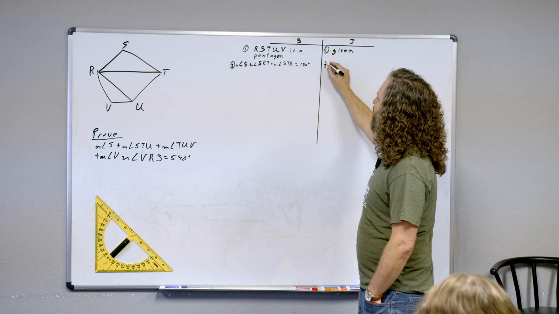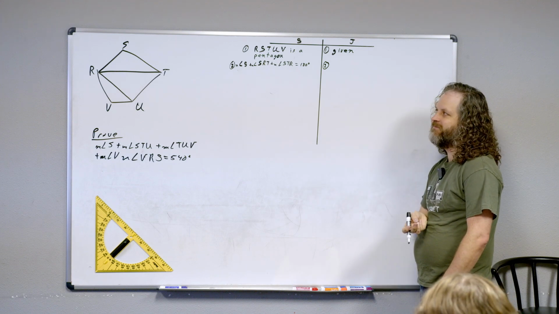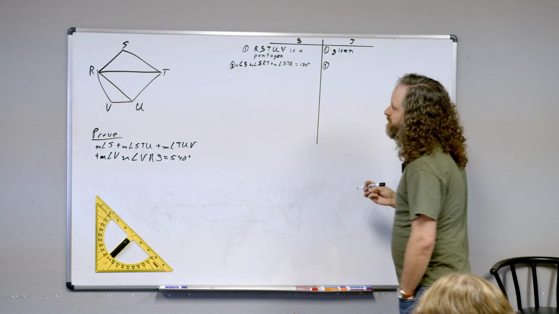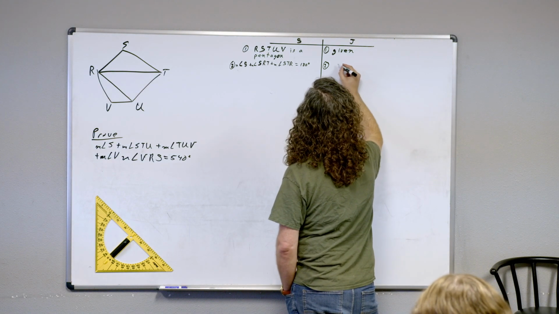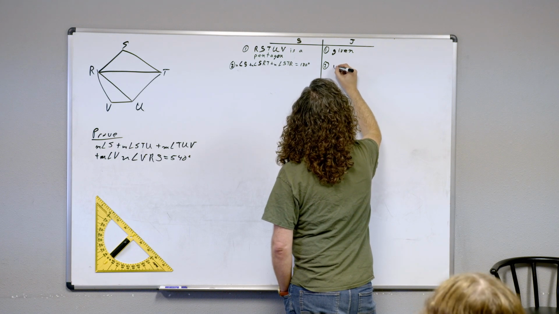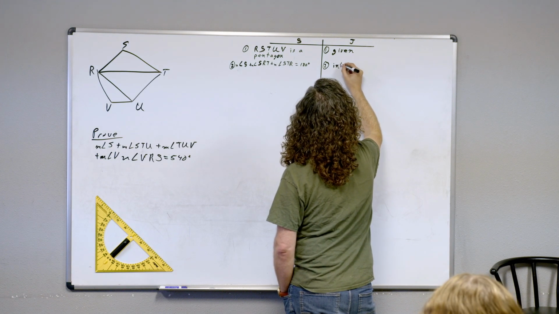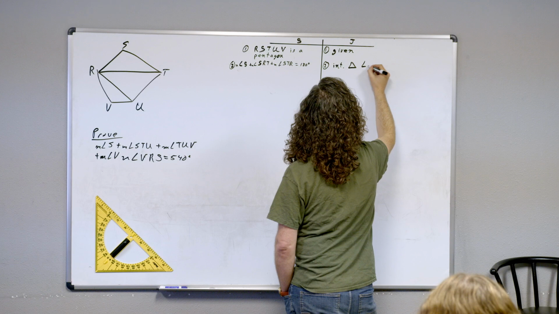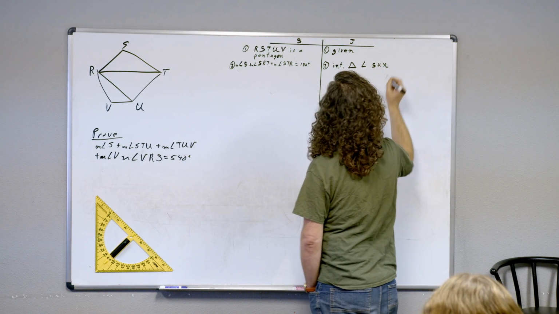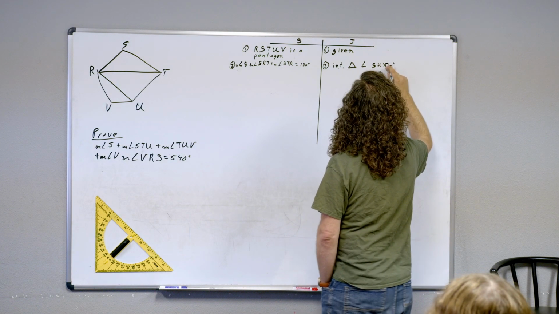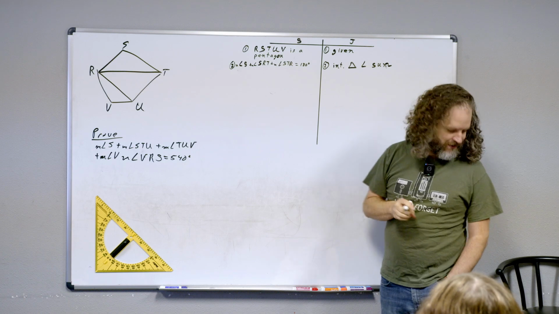What lets us say that? Sum of interior angles of a triangle. Interior triangle angle sum. Seems reasonable. I could tell that gibberish if I was trying to grade, yeah?